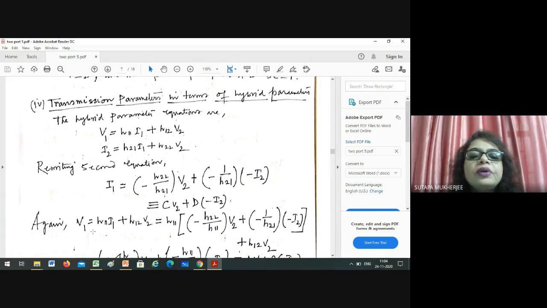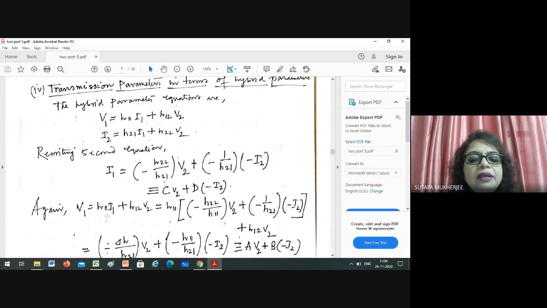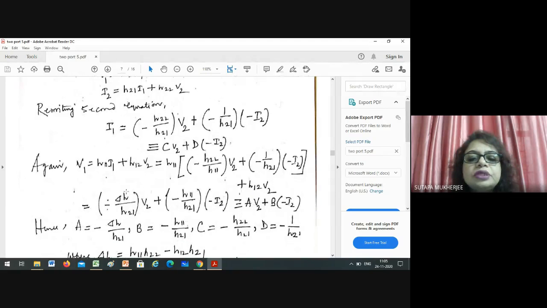Again, if you write the equation V1 equals H11 I1 plus H12 V2, put the value of I1 here, and if you do the solution of the equation, you will get minus delta H by H21 V2 plus minus H11 by H21 minus I2, that is equivalent to A V2 plus B of minus I2.